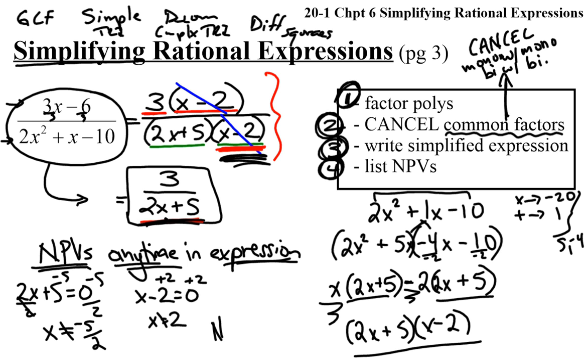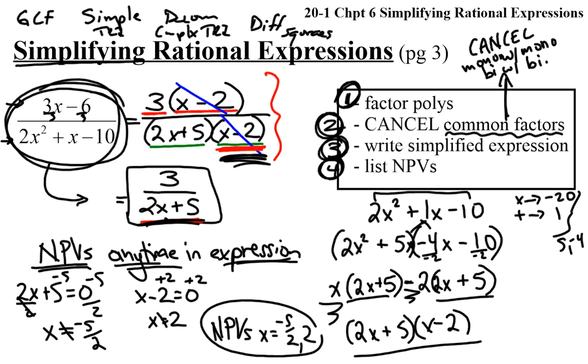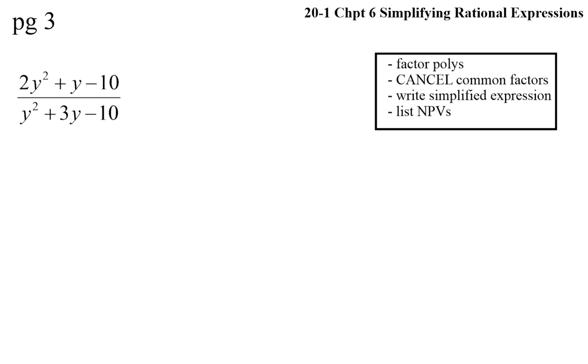So our NPVs for this original expression are x equals negative 5 halves or 2. Those are the non-permissible values. x can't equal that, x can't equal that. There's the simplified expression with its NPVs.